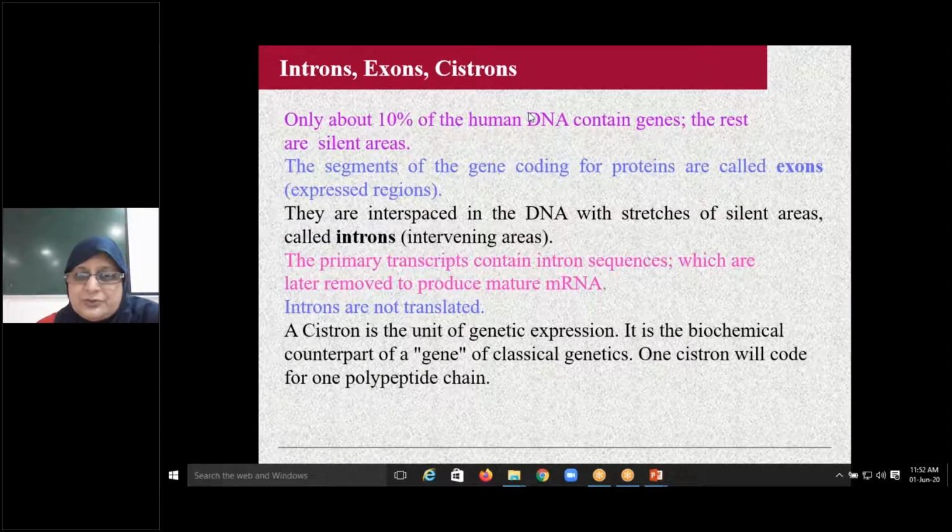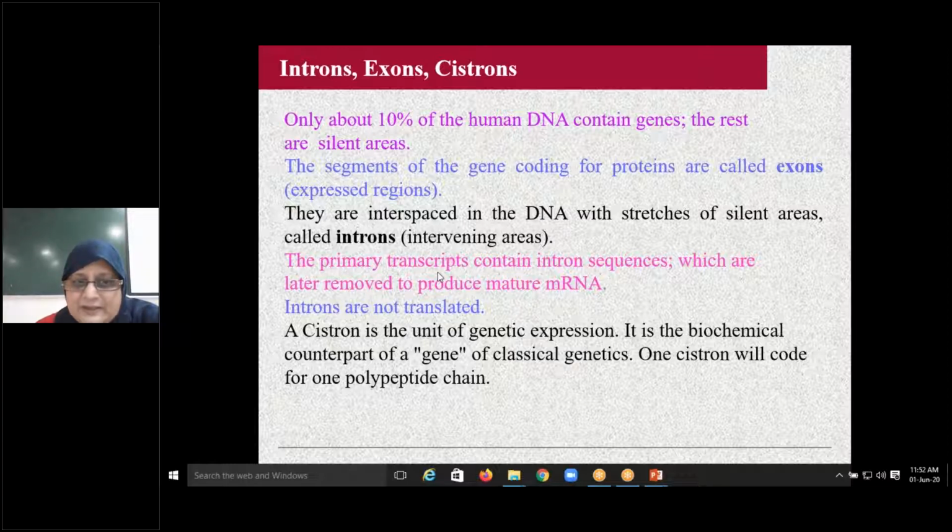So about 10% of the human DNA contains genes, while the rest of it is silent areas. And the segments of the gene coding for proteins are called exons. So these are the active regions that code for proteins. While in between exons, there are silent areas that are known as introns or intervening areas.